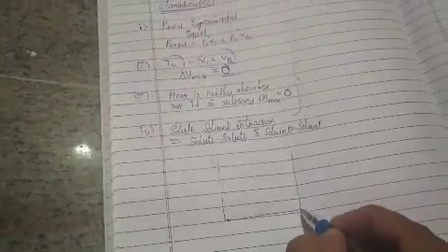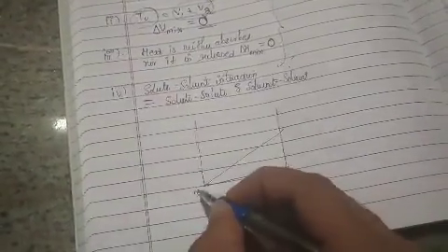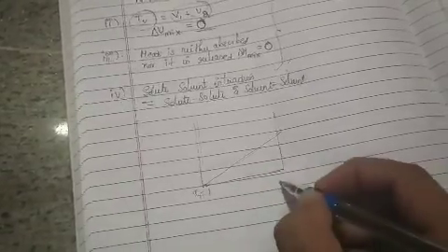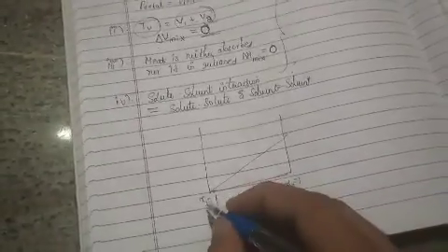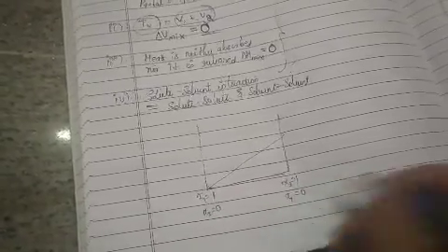Of course, when you look at its graph, since it follows Raoult's law, the same graph will be observed. This is for x1 equals 1. Here x2 equals 1. Here x2 equals 0. Here x1 equals 0.